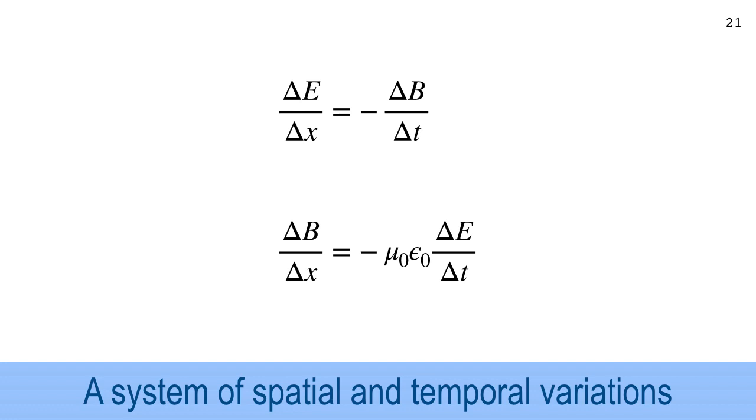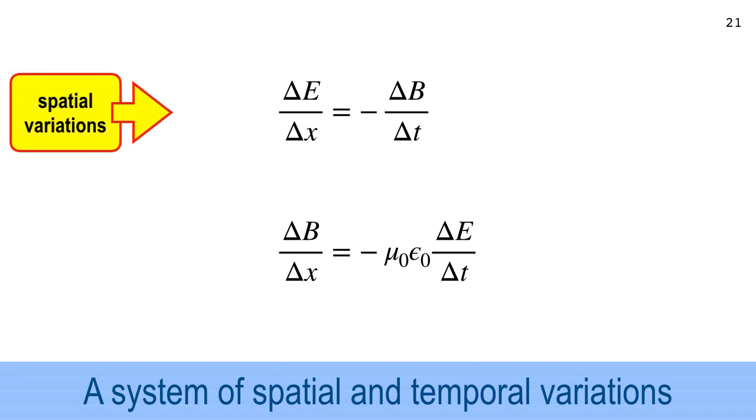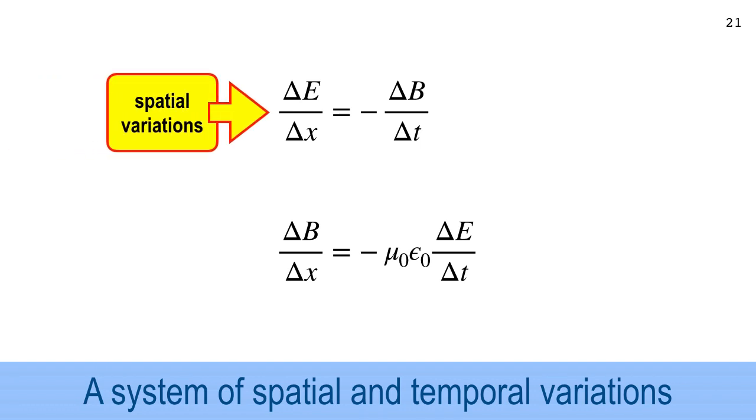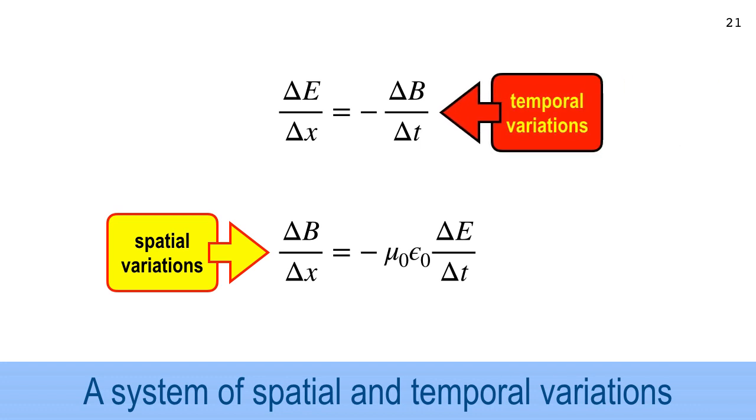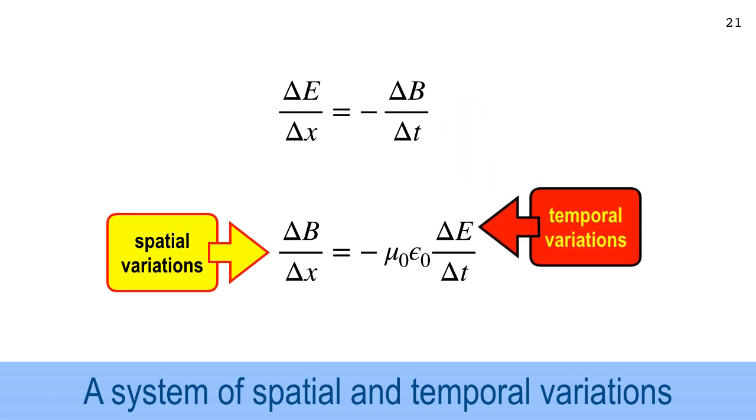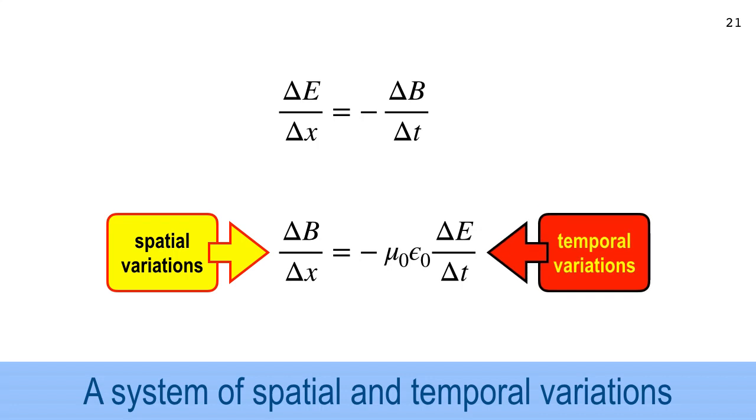So you have a system of spatial and temporal variations. Here are the spatial variations over here on the left. That's delta E over delta X, and then down here, delta B over delta X. But notice the other side is a delta something over delta T. And that's a temporal variation. And don't forget that mu naught epsilon naught is 1 over c squared.